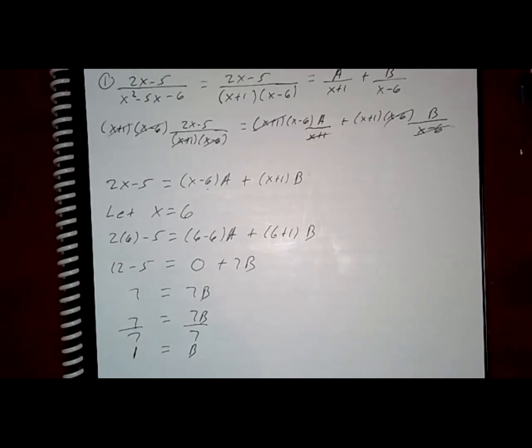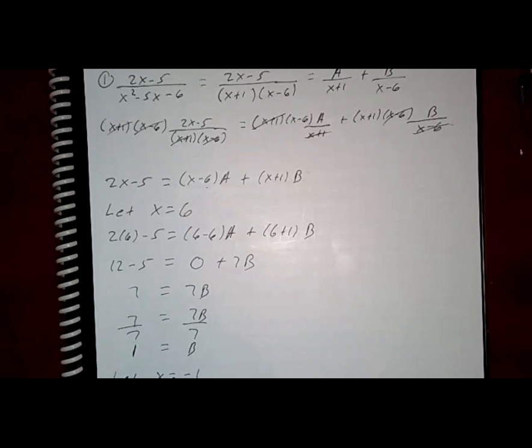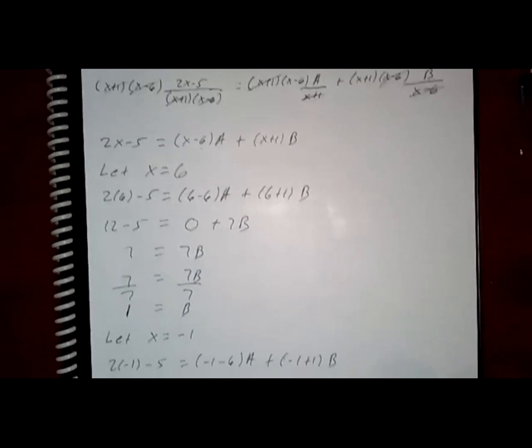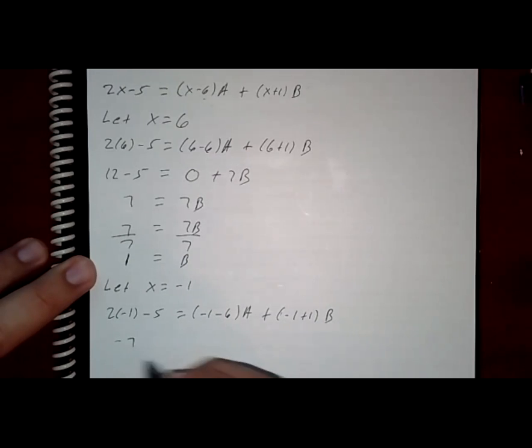Okay, now let x equal -1. 2 times -1 minus 5 equals -1 minus 6 times a plus -1 plus 1 times b. So this will be -7 equal to -7a plus 0. -1 plus 1 is 0. 0 times b, still 0.